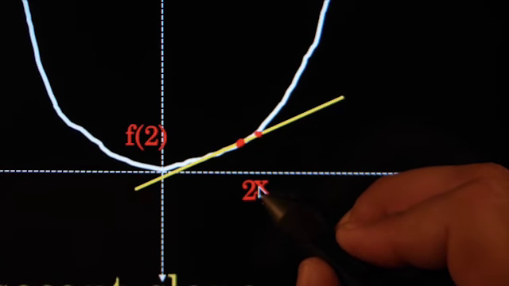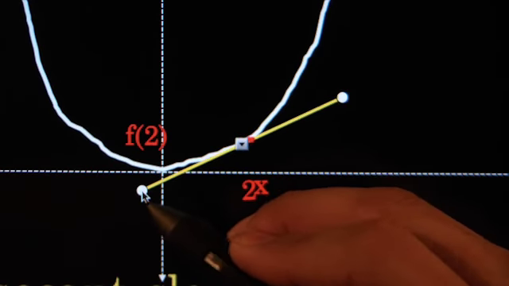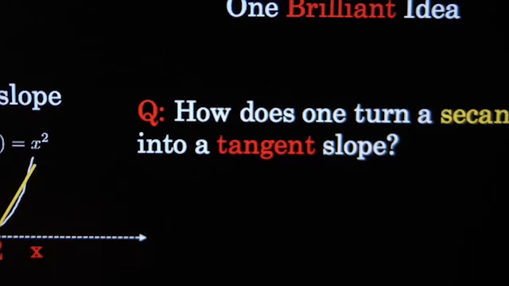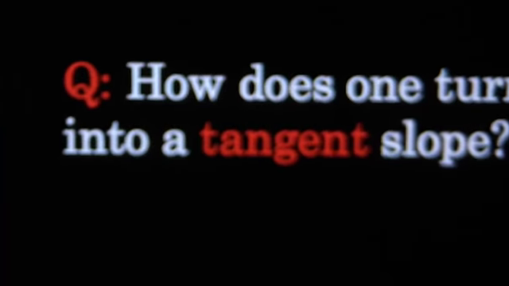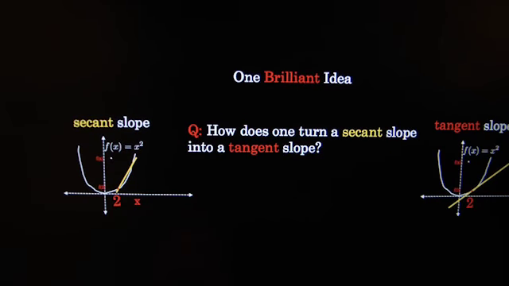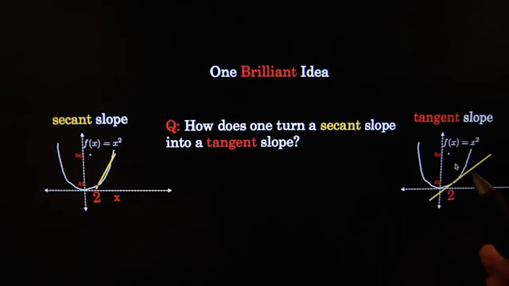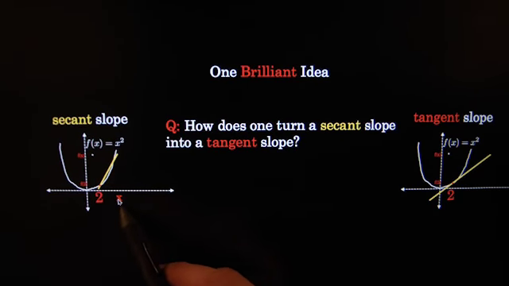And then what would happen if I really move it close? Well, you see what's happening. That's exactly the key to how do you turn a secant slope into a tangent slope. Well, it's easy. You move the x point here closer and closer and closer and closer.